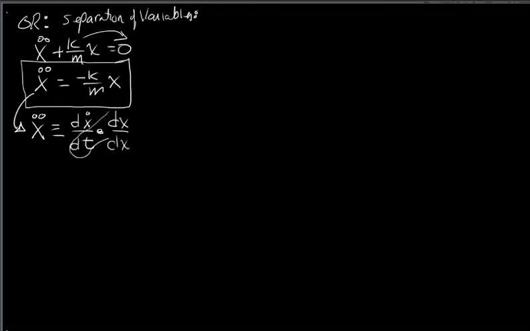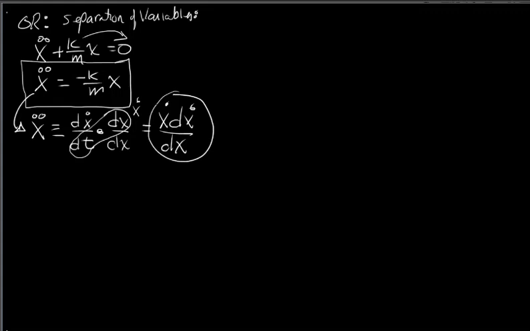And observe that dx dt is x dot. So this becomes x dot d x dot dx. And that dx right here is very useful because it can work with this x value over there.